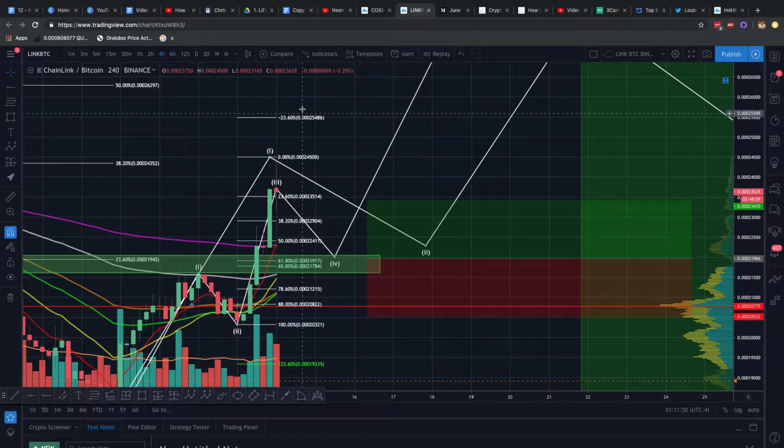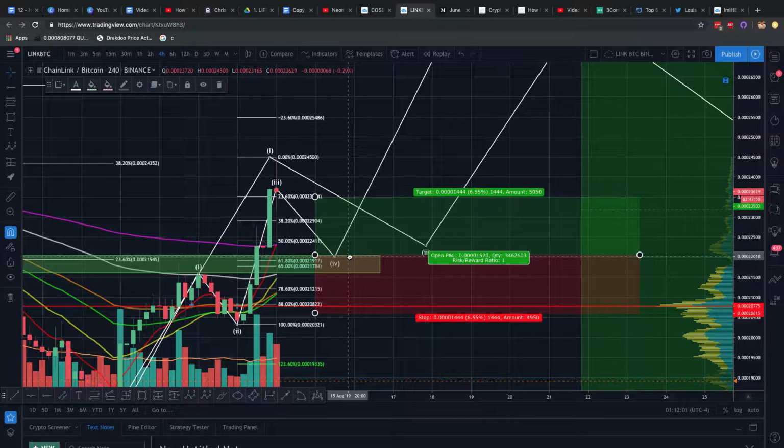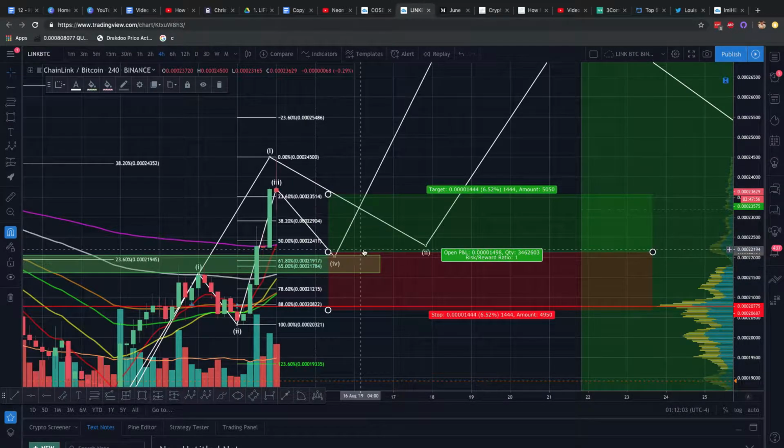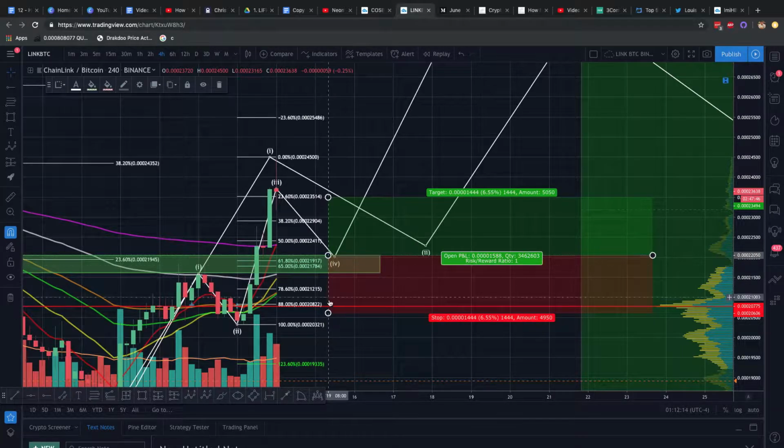If the wick is really overextended, then I take it from the body. But this one is pretty short, so I'll take it from the wick. And then I'll put my order in. It's 219, so I want to front run this. Instead of 219, I'm going to put it in at 205. So that's a little bit above, just to make sure.